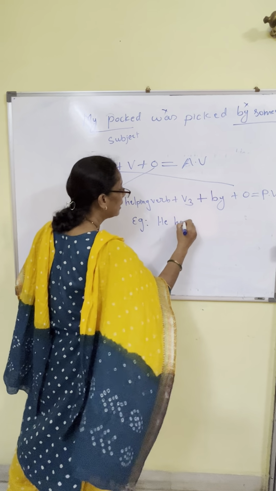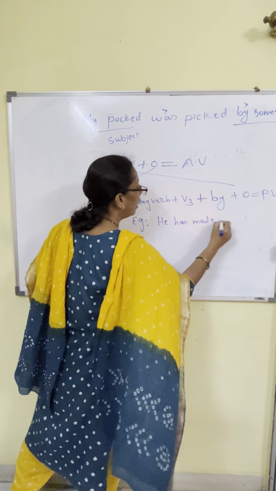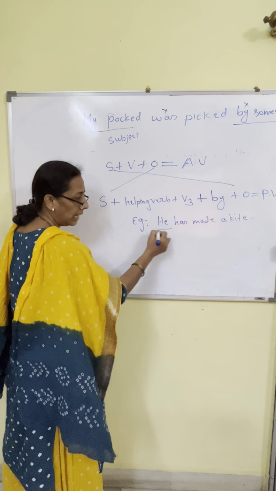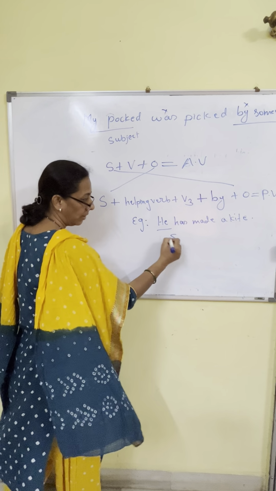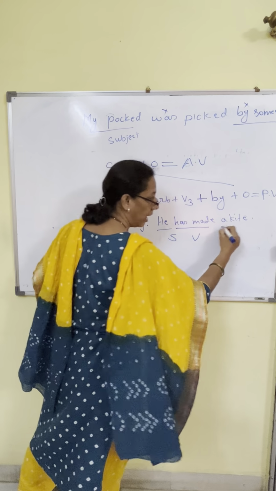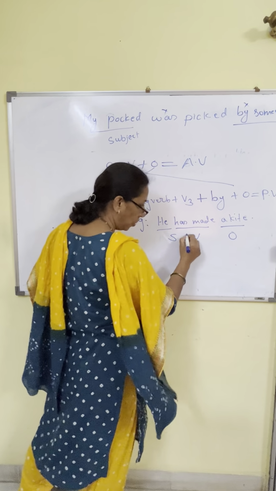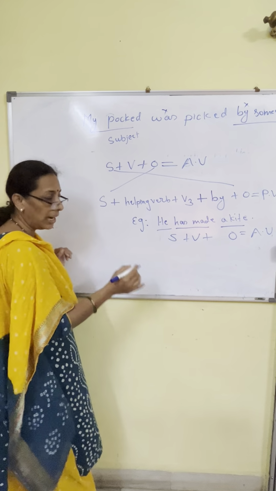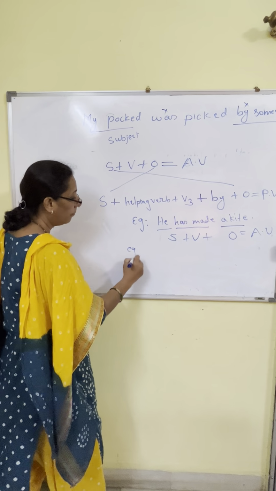He has made a kite. So he is subject, has made verb, a kite object. So subject plus verb plus object is equal to active voice.